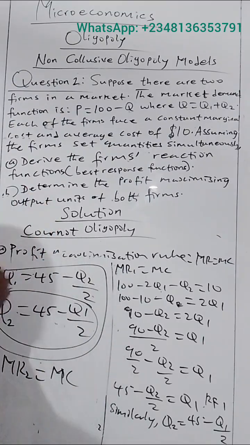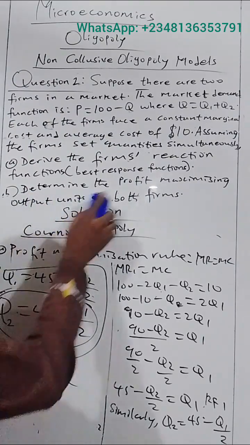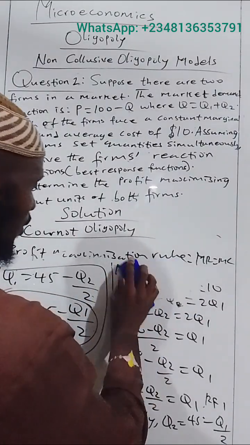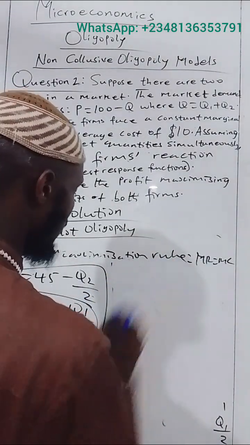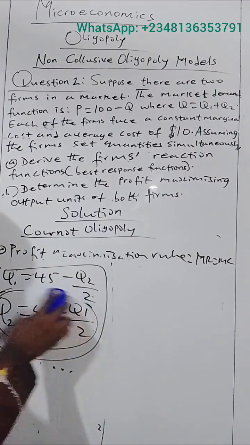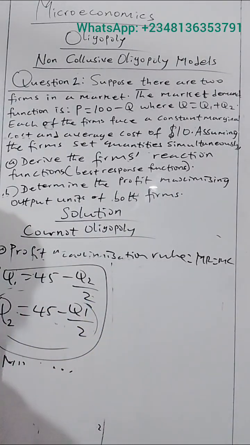So the next thing we want to do is to determine the profit maximizing output level of the firms. Profit maximizing output level of both firms is very simple because we already got the reaction functions of both firms. So what we are going to do is just substitute the reaction function of one firm into the other firm.